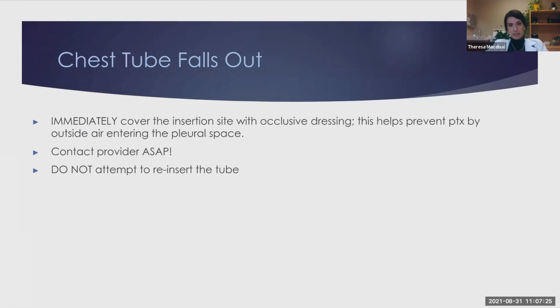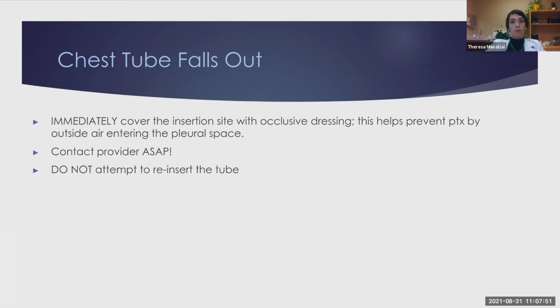Now, troubleshooting, some of the things that might happen if you have a patient with a chest tube. So say you walk in the room and you see that the patient has pulled out their chest tube. Maybe they got agitated and yanked it out themselves, or maybe they decided that they needed to do some jumping jacks in bed. I don't know, it's happened. But you want to immediately cover the insertion site with an occlusive dressing.